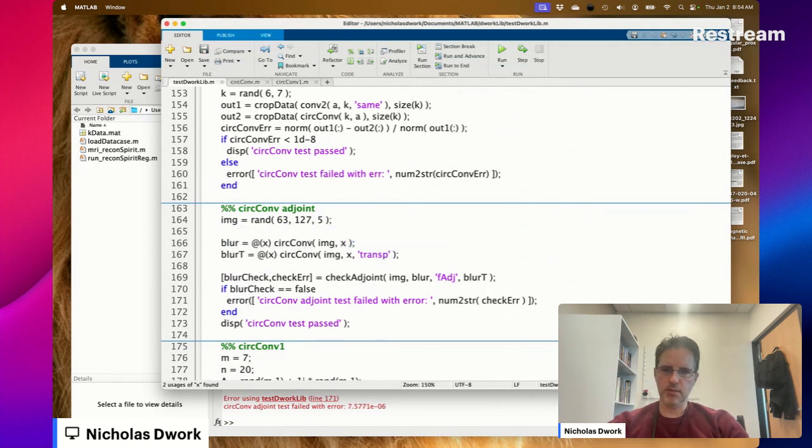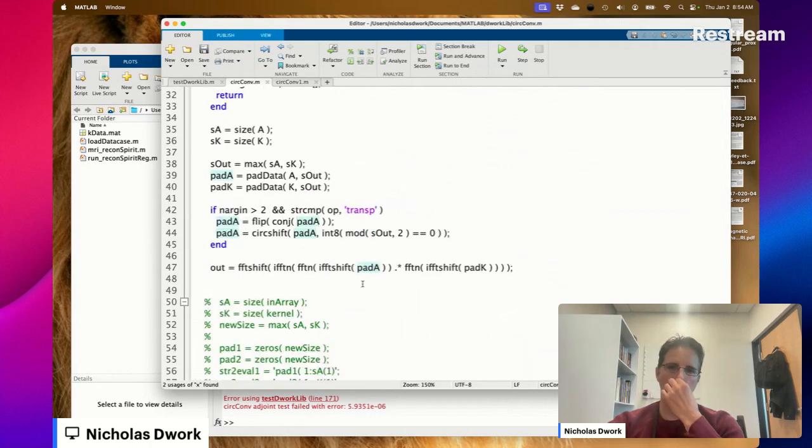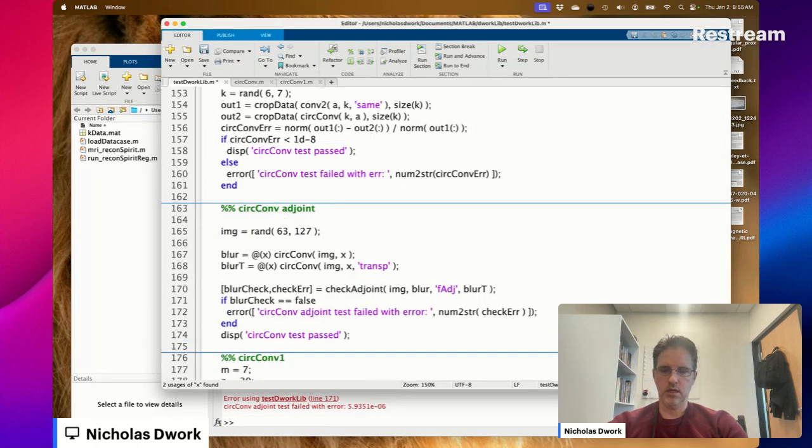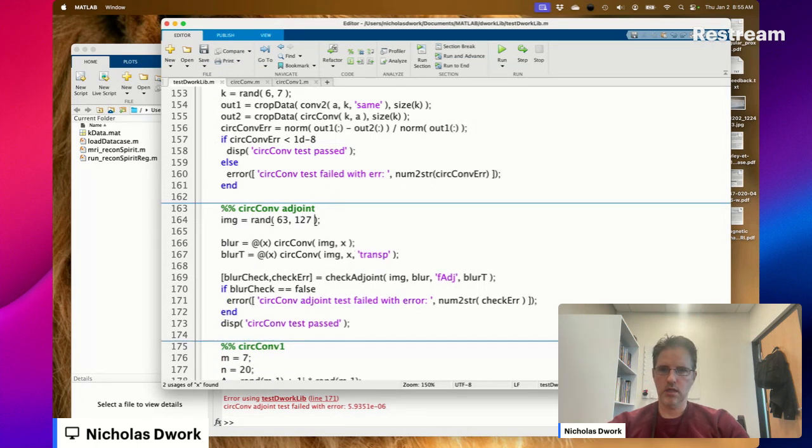Of course, I should be able to do this in 3 dimensions. It doesn't crash. That's kind of nice. Call this A. I clearly was thinking this is an image blurring operation.